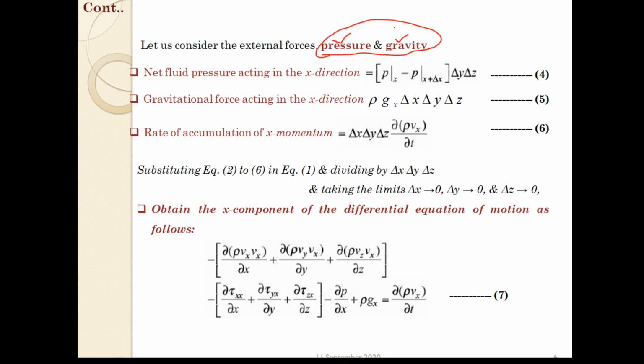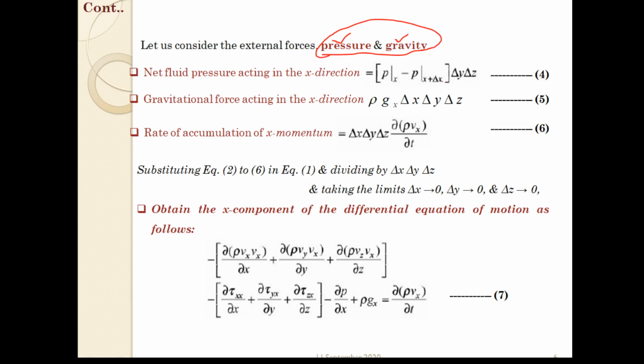Okay, pressure force and the gravity force. Now, net fluid pressure acting in the x direction. What is the net pressure acting in the x direction? If we have the pressure P at x, and pressure P at x plus del x, because the same pressure acts on the x phase as well as on the x plus del x phase.